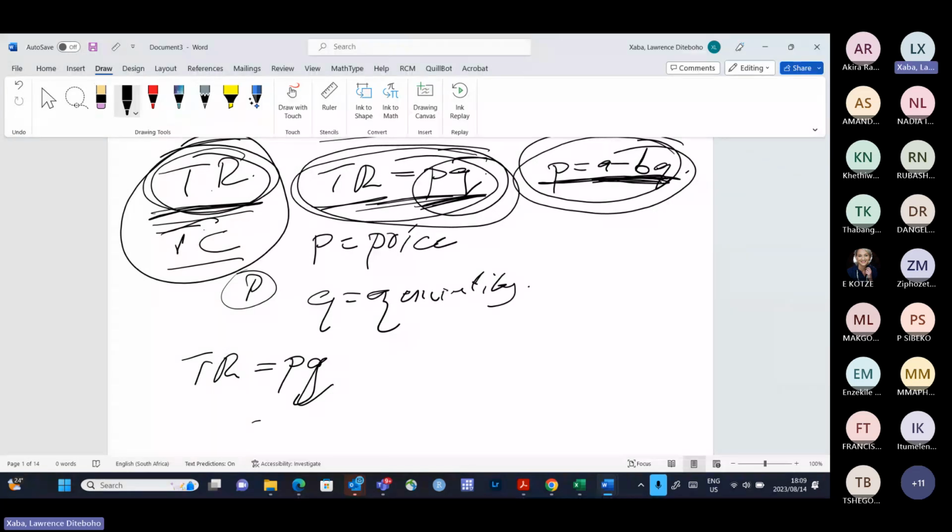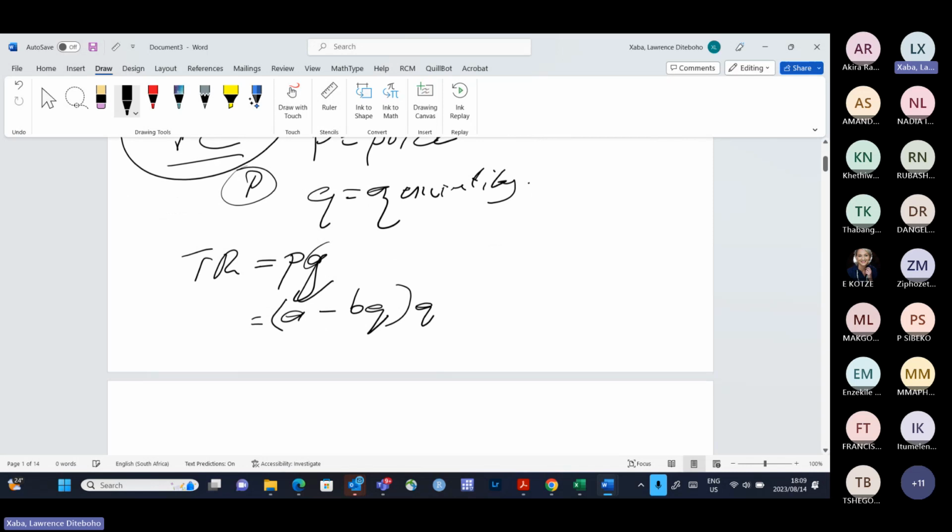As we simplify it, instead of writing P, we write A minus BQ. Remember, this represents our P from the demand function. Then we have Q outside. We want to write this equation as a quadratic function.